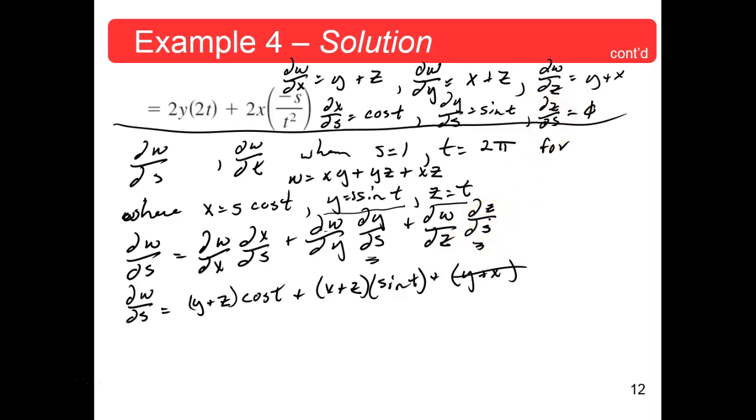But we don't want this expressed in X's and Y's and Z's. We want it in S's and T's, because those are your independent variables.